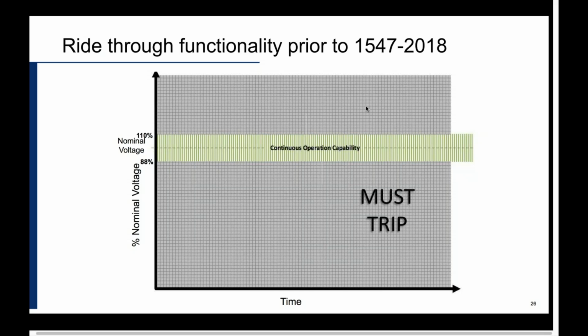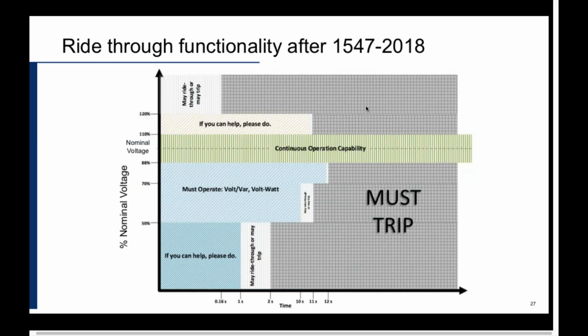It's a graph with x-axis as time, y-axis as voltage. If the voltage at the point of common coupling or interconnection exceeds above 110% or below 88%, it was expected out of DER to just trip or not do anything, cut down.